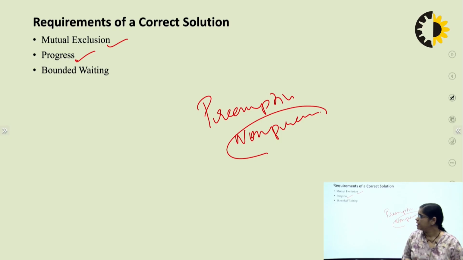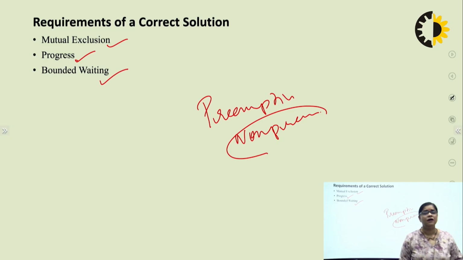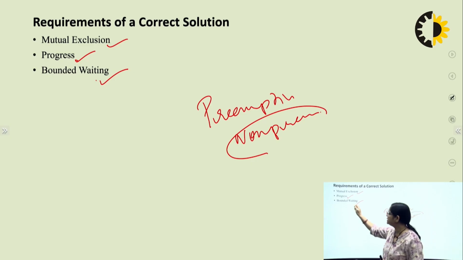So that is the requirement of the correct solution, and it means that we are not keeping our CPU idle, right? Now when I am talking about the bounded waiting, it means that we are allowing the processes in such a way that each process will be able to access the resources equally. So that is the meaning of bounded waiting.